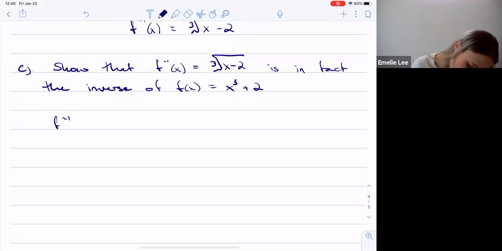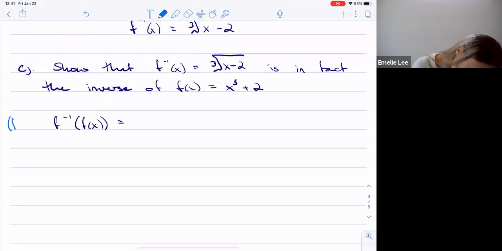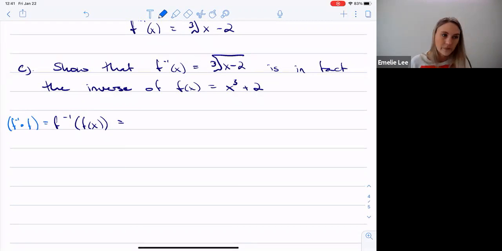But what we're going to show is that f inverse of f of x is going to be, so here, this is the inverse function composed with the function.